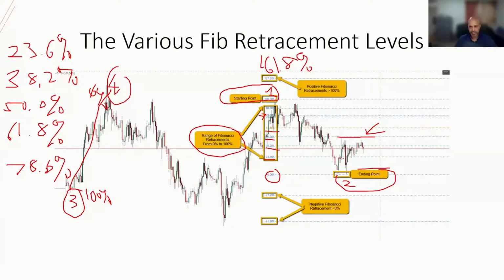But in this example, you can clearly see 23.6% and 38.2% did not offer any major significant resistance. Where price did stall was under the 50%. So now we know that 50% is a significant resistance level and it is going to take something like a strong catalyst for price to break above this level.